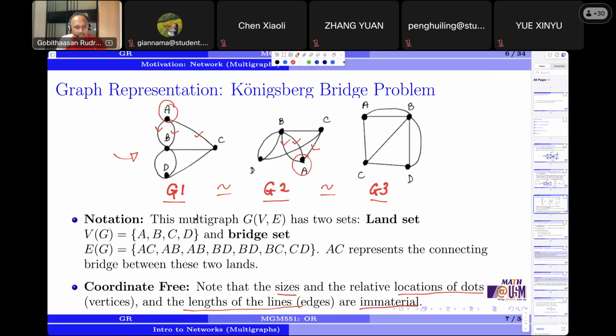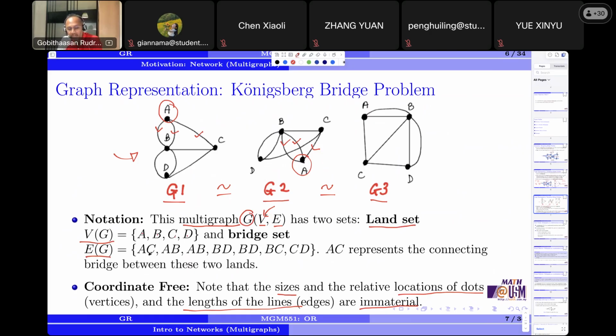The second part now, multigraph. A multigraph has two sets. We denote a multigraph as G, and in brackets we write V and E. V and E represent sets. V(G) is a set of vertices. Here the set of vertices represents the land areas: land A, land B, land C, land D. And then there is a set of edges.